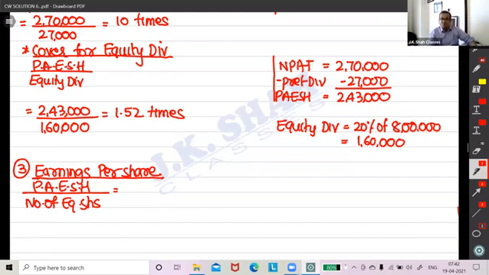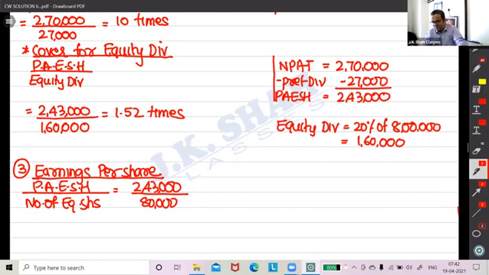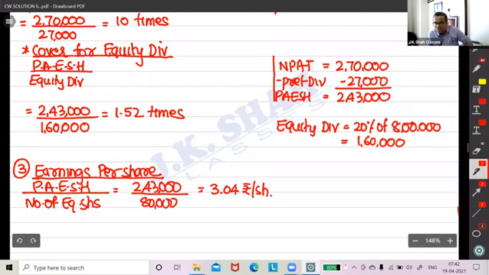So profit available, we just calculated, no? So don't calculate again and again. In any sum, any amount is calculated once. There is no need to show it again. Then number of equity shares are how much? 80,000. 243 divided by 80,000 is 3.0375. So you can say 3.04 rupees per share.